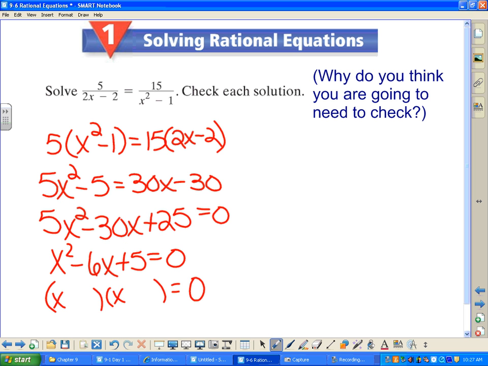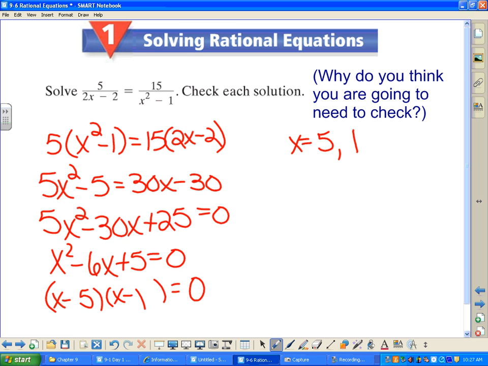X and x, 2 pluses, 2 minuses, or one of each? Yeah. Make sure after you factor, you check. I've been seeing some incorrect factoring going on. But it has to multiply to a positive 5, so we are going to use negative 5 and negative 1, making your answers x equals 5 and, yeah, why just 5?